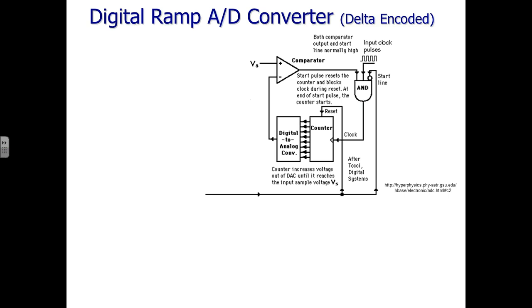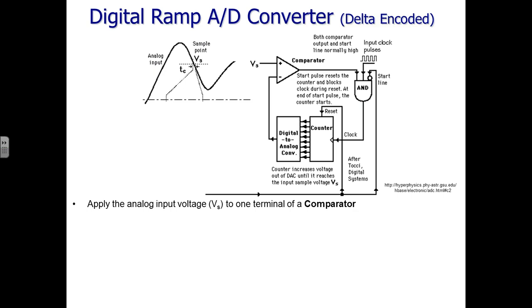Showing it simply in block diagram, we have a comparator where the signal that we want to digitize comes in one side of the comparator. On the other side of the comparator is a digital to analog converter whose digital input is given by a binary counter. So as that counter counts up, the digital to analog converter puts out a successively higher and higher voltage.